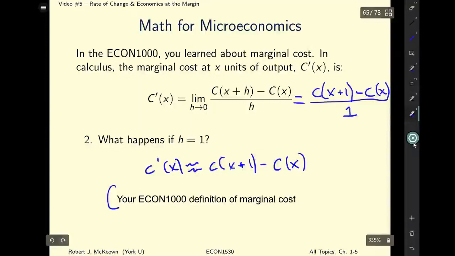Well, in some introductory economics textbooks, that's your definition of marginal cost, and that's where it's coming from. So instead of letting h be really, really close to 0, really super small, we've allowed h just to be equal to 1, and then we've come up with this calculation for the marginal cost.